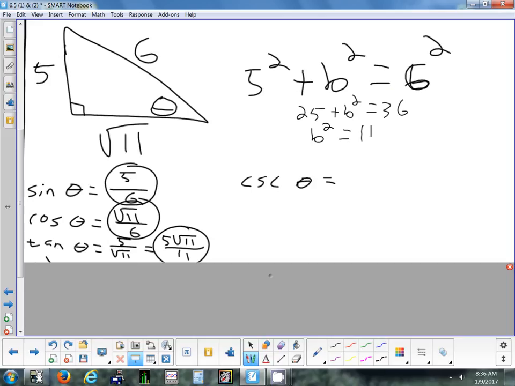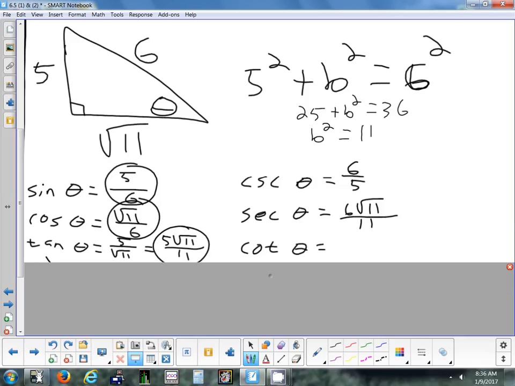And the cosecant would be 6/5. How about when you flip the cosine? Secant. And what would the secant be? Over 11. Yep.